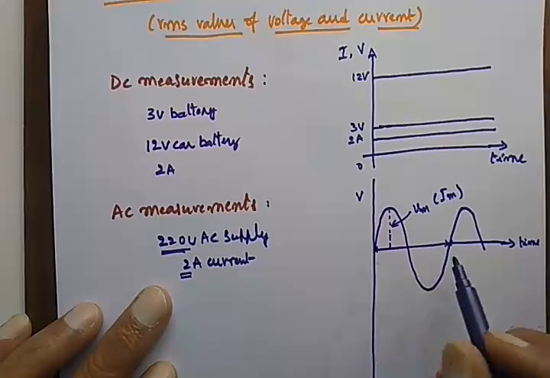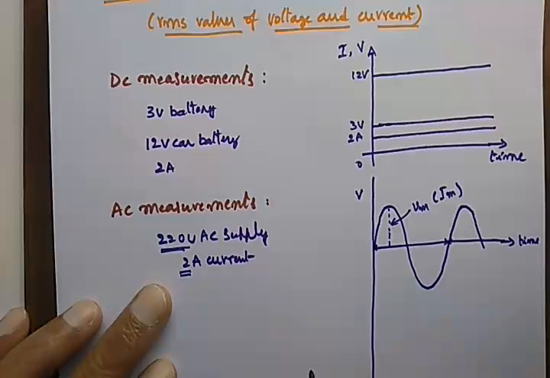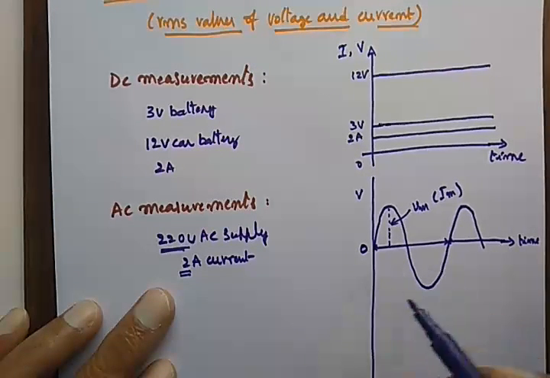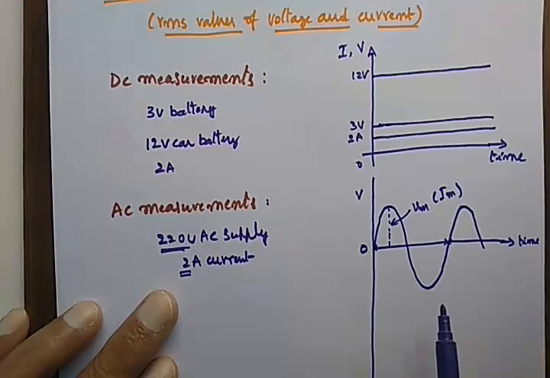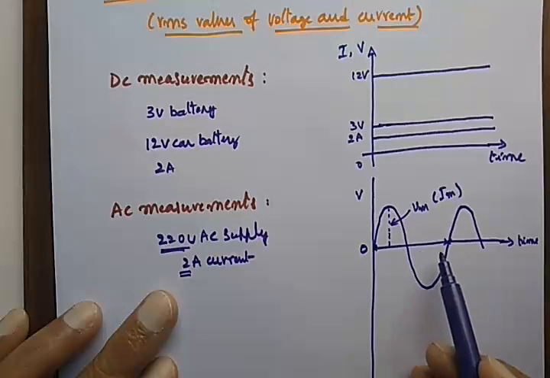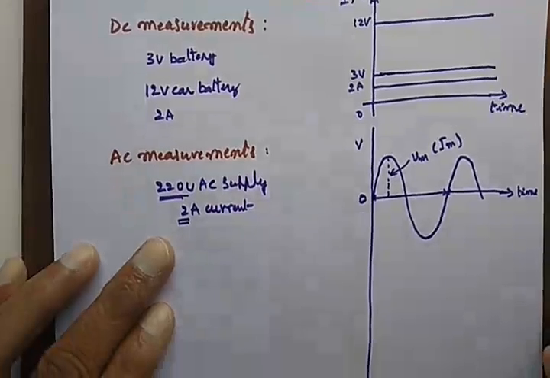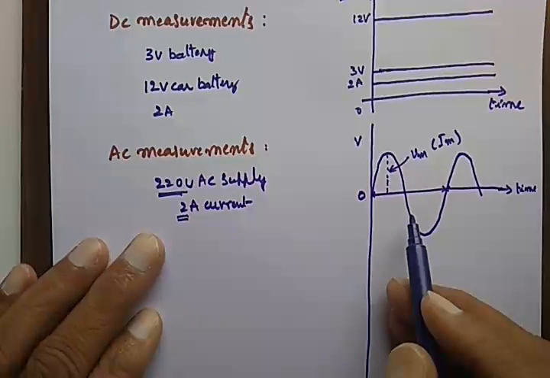For every cycle it varies. If you want to take the average value, this is the positive cycle and this is the negative cycle. If you add these two, it will give 0. So you cannot use the average value here.